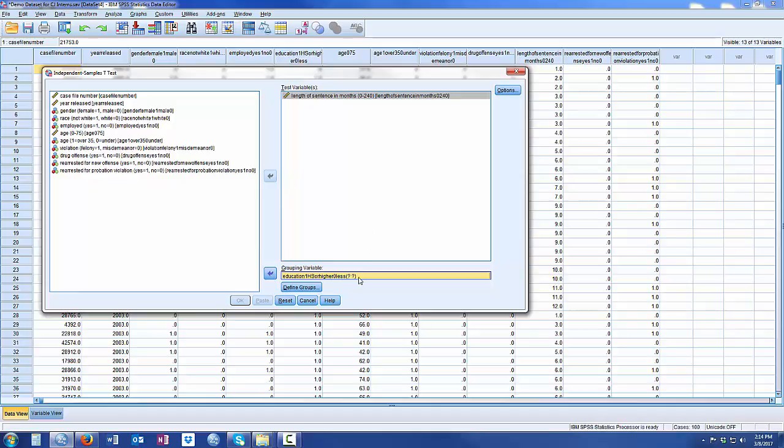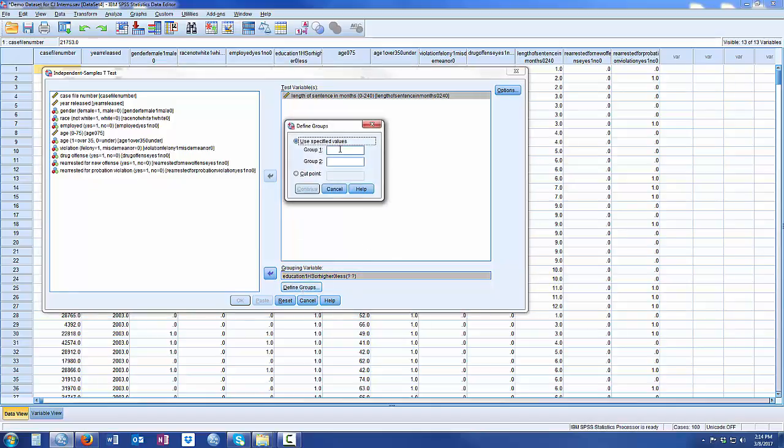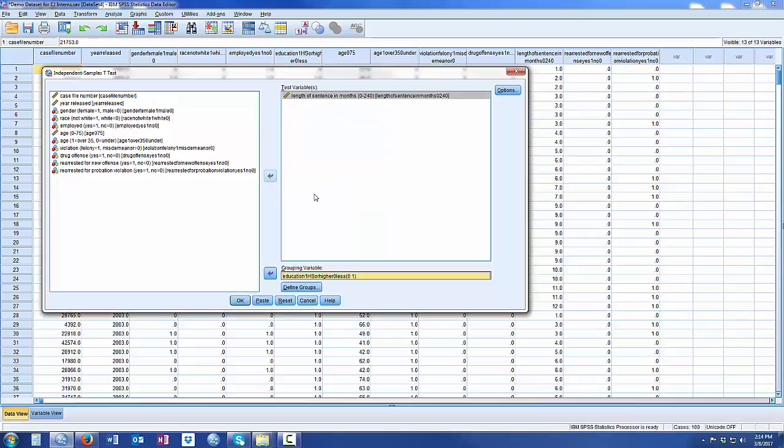This is my independent variable, and it is coded 0 and 1. If your independent variable is coded 1 and 2, you might need to put different numbers here. But I coded mine as 0 and 1. 0 indicates no high school diploma, 1 indicates high school diploma or more.